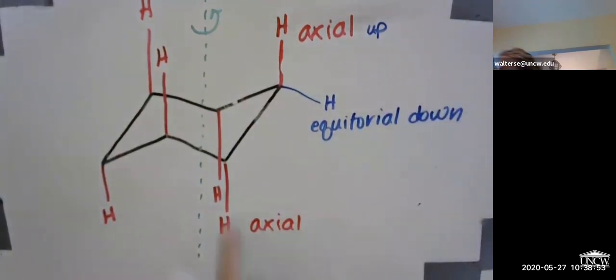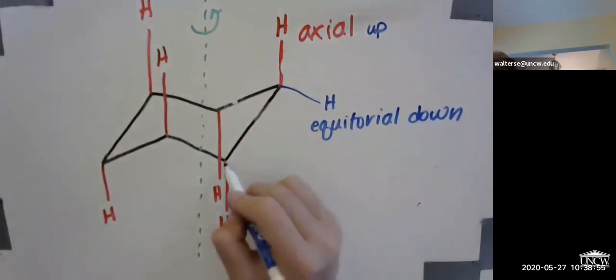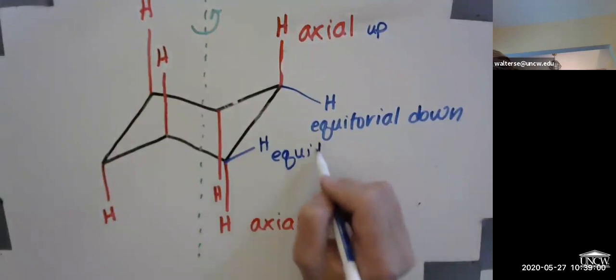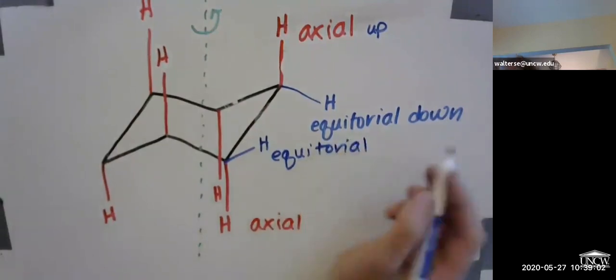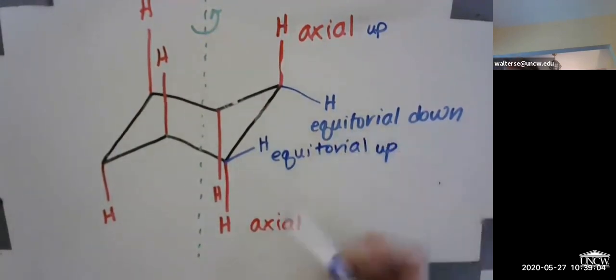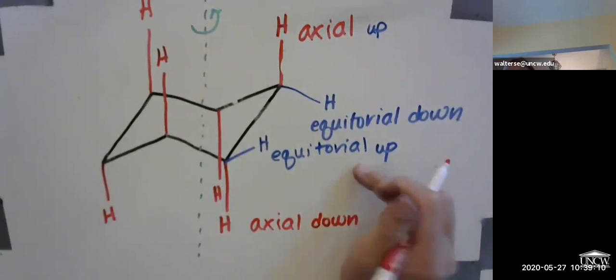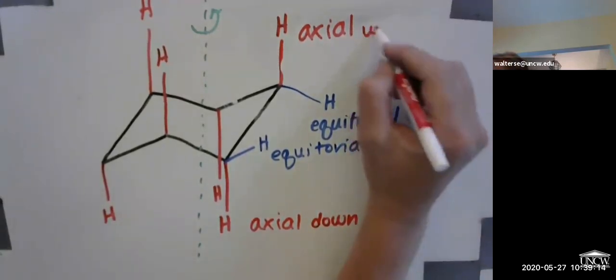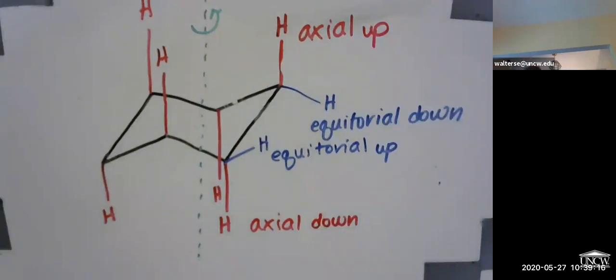If your axial position comes straight down, your equatorial position comes up. So axial down is with equatorial up. Equatorial down is with axial up. And it's all the way around the ring.